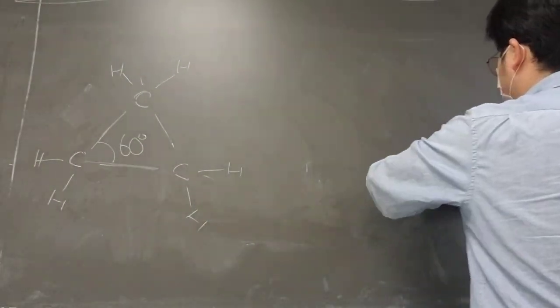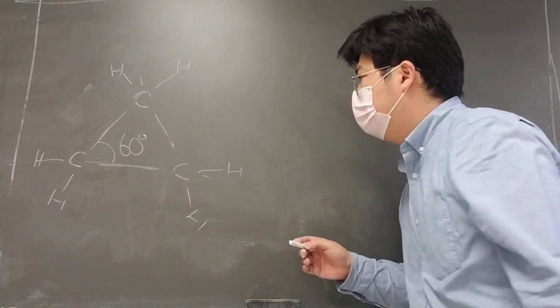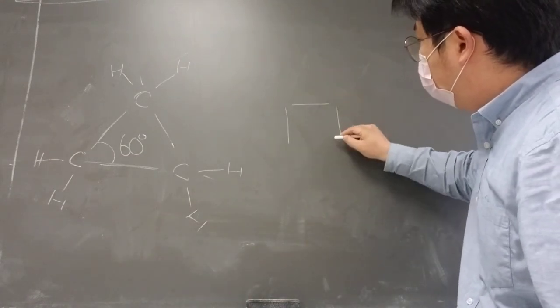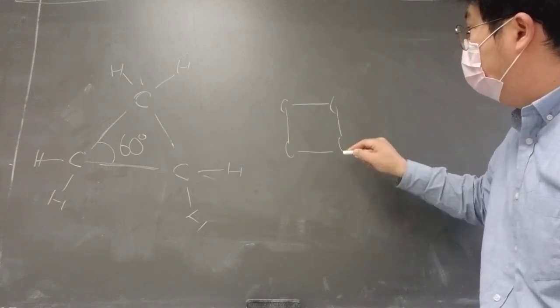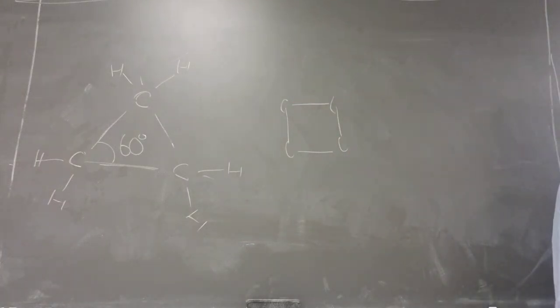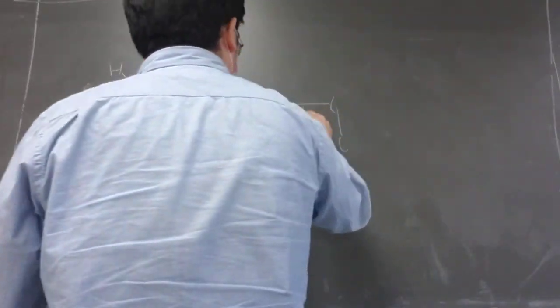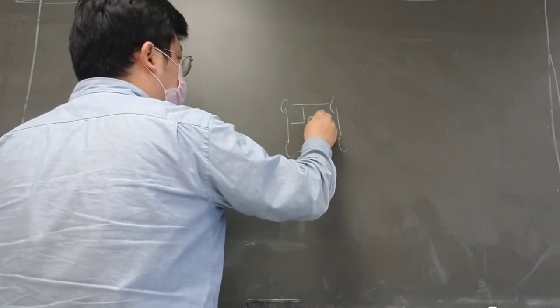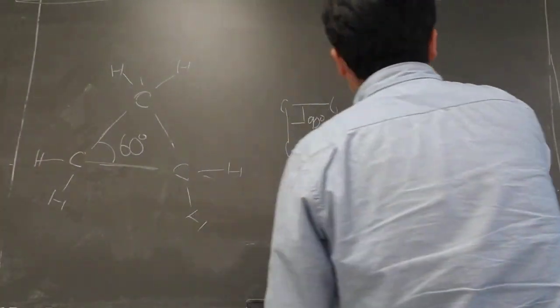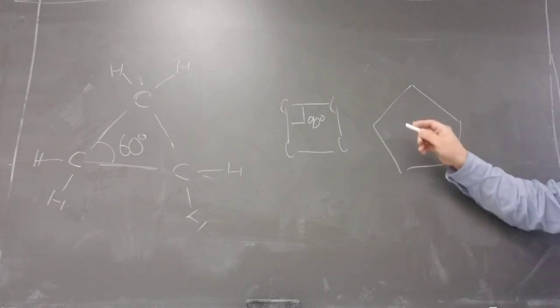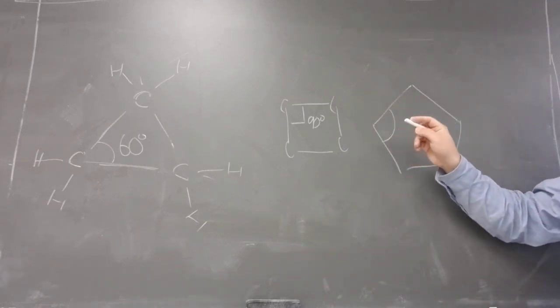So here's the thing. If that is the case, cyclobutane is just a square, right? So the angle here is a bit larger, but it's 90 degrees. And cyclopentane is about, can you guess the degree?